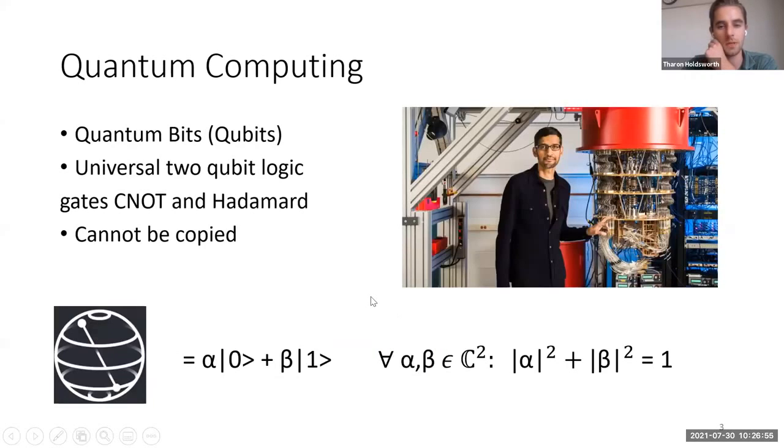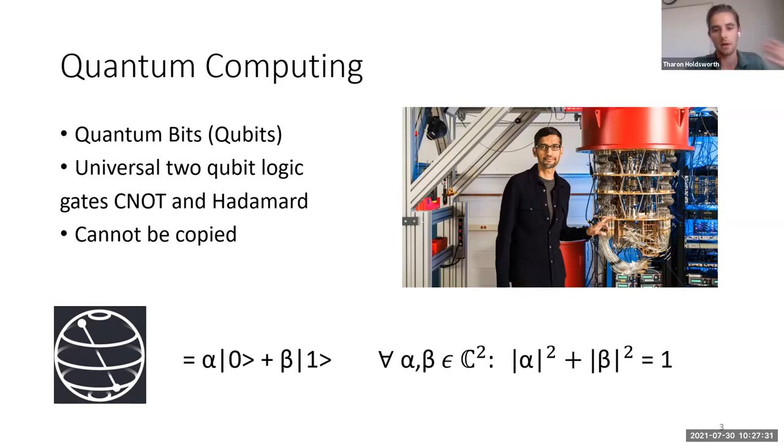Now, in this new quantum computing, quantum information field, we'll be dealing with quantum bits, which are qubits, and they can perform universal computations, universal logic using 2-qubit logic gates. They're called CNOT, controlled not, and the Hadamard operators. And these qubits, and this is a little bit of mathematics down here, can exist in superpositions of 2 independent states.